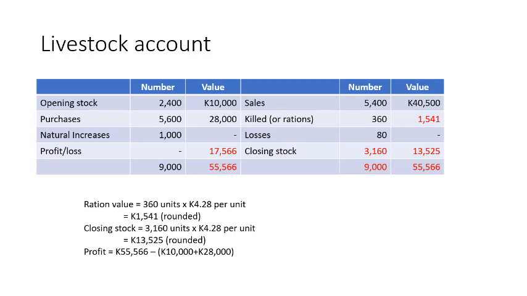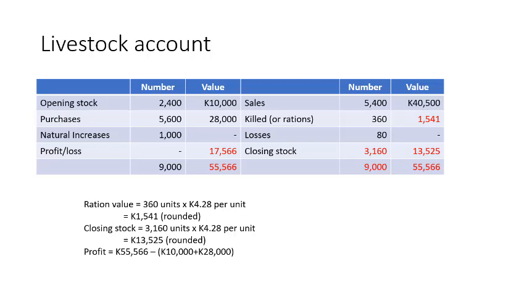Then we have closing stocks of 13,525. To determine the closing stock, we have 3,160 multiplied by the average cost, so we have 13,525 rounded. The profit we can determine by getting all the values on the right side, sales plus killed rations, and then the closing stocks.